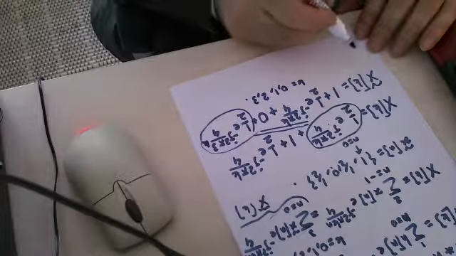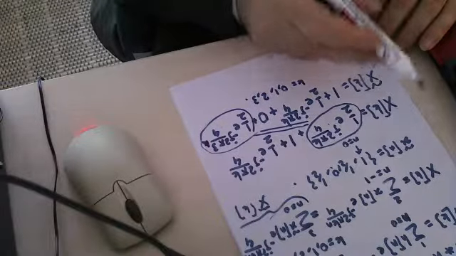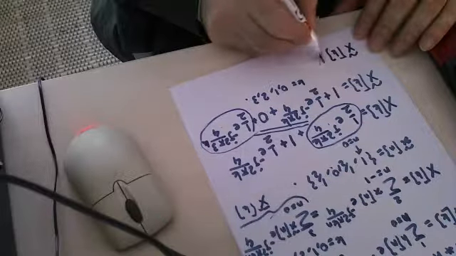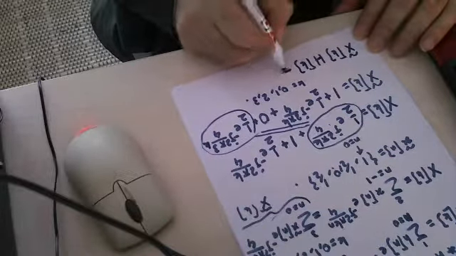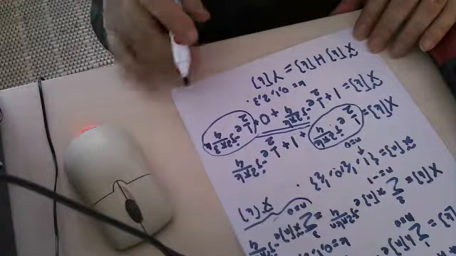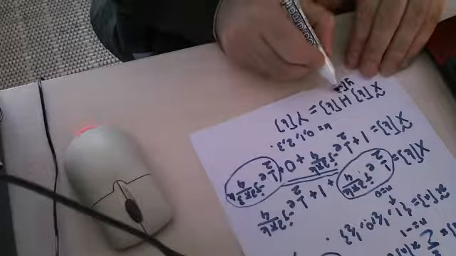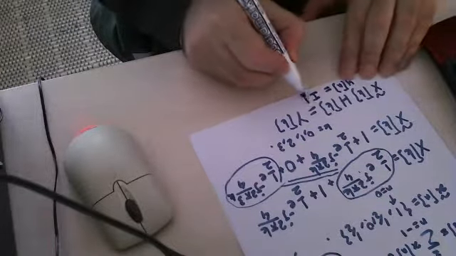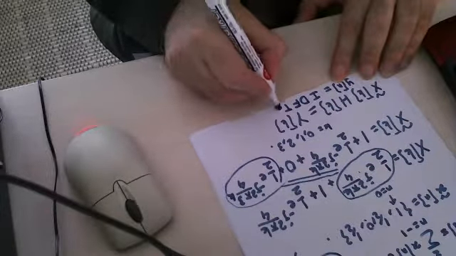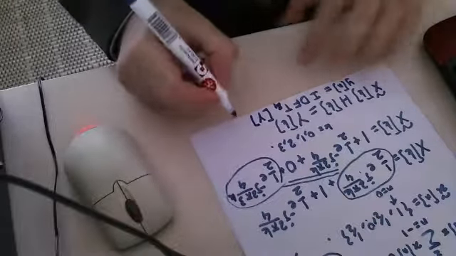Then you multiply X[k] or X tilde[k] and H[k] to get Y[k]. K goes from 0, 1, 2, 3. And then you calculate y[n] using the inverse DFT, the 4-point DFT of Y, to get y[n].